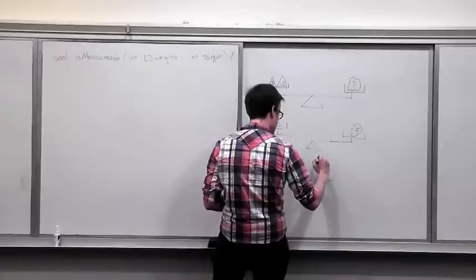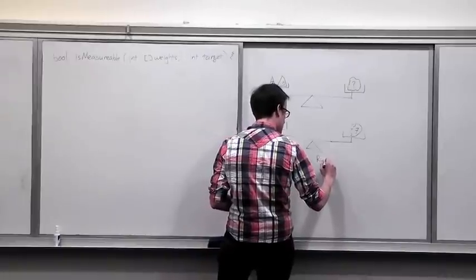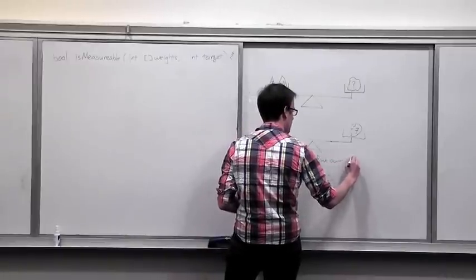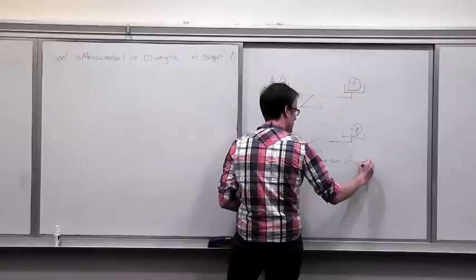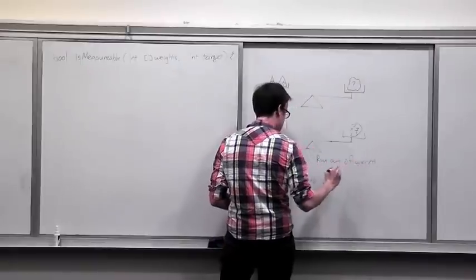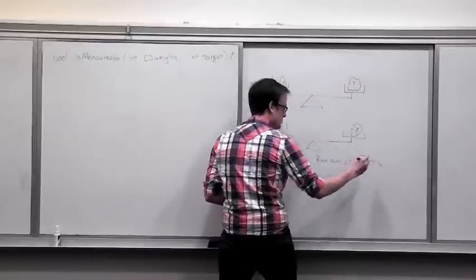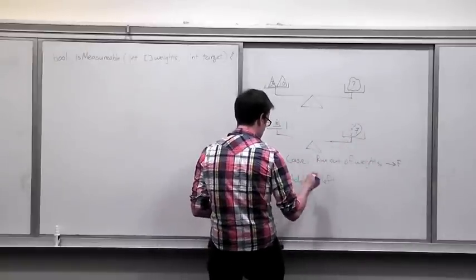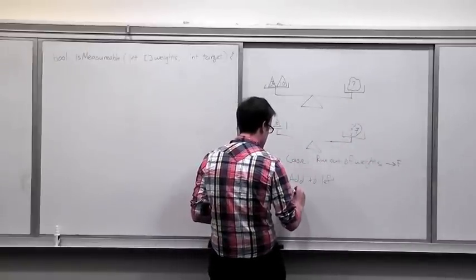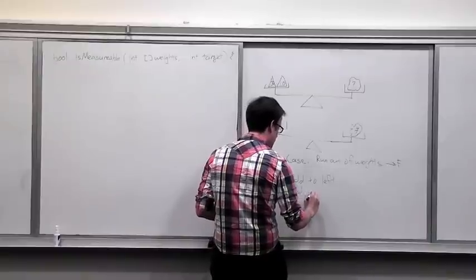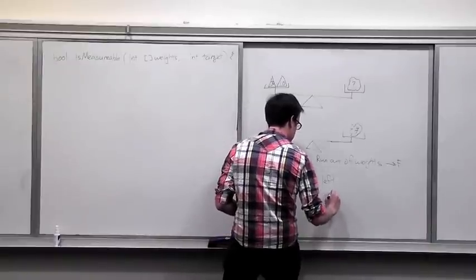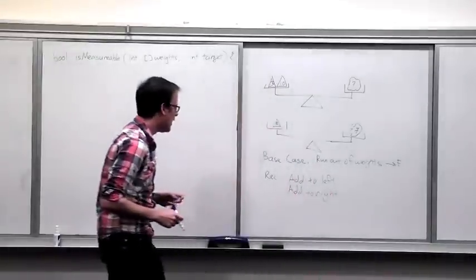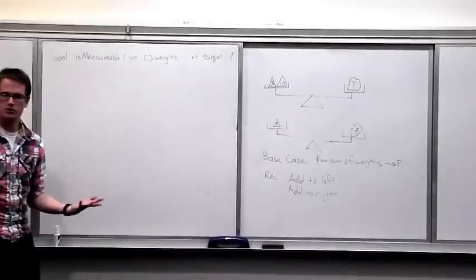Okay, so we can say run out of weights. And what's that going to be in terms of our result? False. Yeah, so that's false. Just put that as an F. And we already said that our recursive cases were adding to the left and adding to the right. Great. Okay, so we've got our false base case.